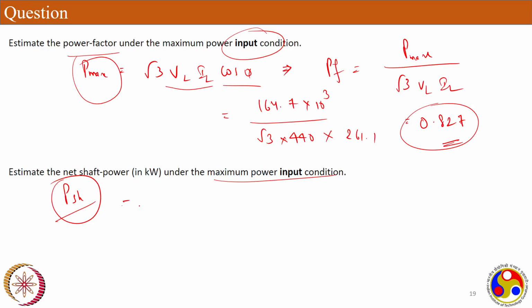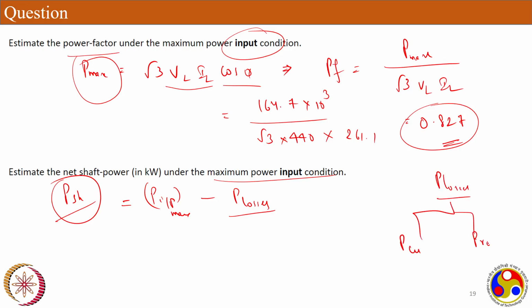So output power is nothing but input minus losses. So input, which is maximum, minus P losses. So what are all the losses you have? You have copper losses and the rotational losses. So copper losses you need to calculate. Rotational is already given.